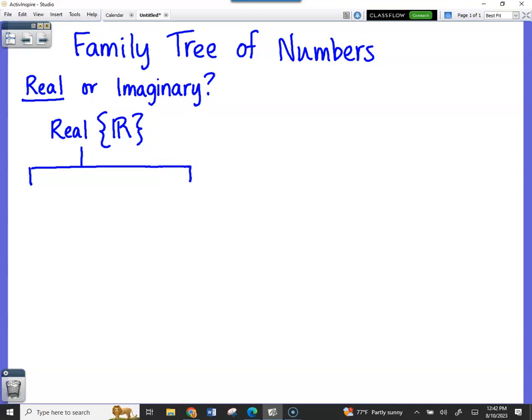We have irrational and rational. Irrational, think of it in terms of like if a person was irrational, it means you can't deal with them, right?